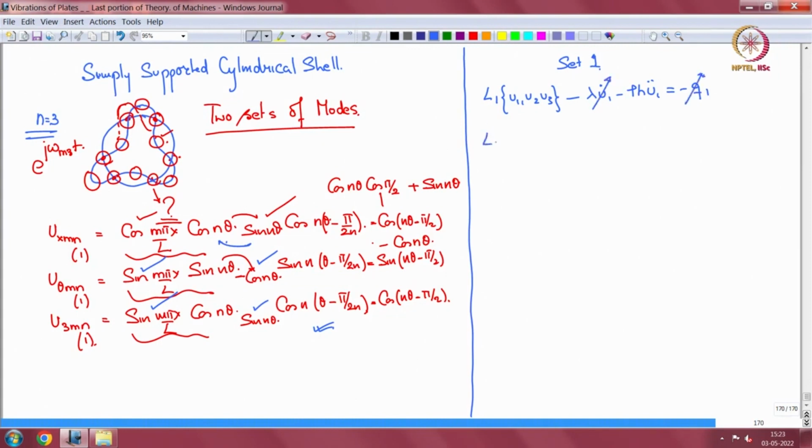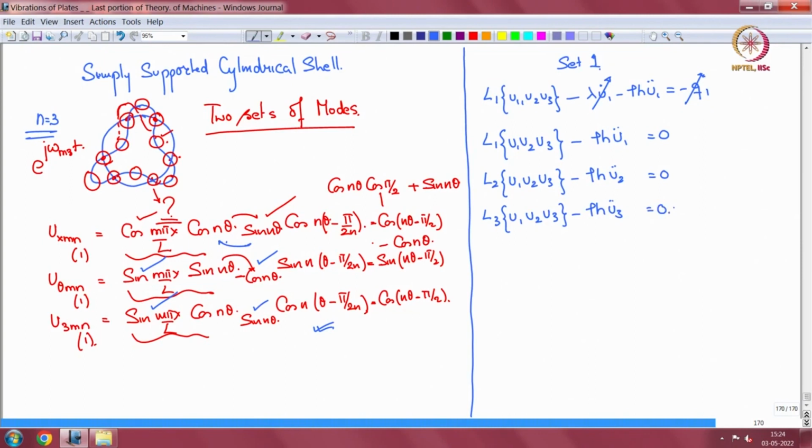So I have L1 of u1 u2 u3 minus rho h u1 double dot is 0, then L2 of u1 u2 u3 minus rho h u2 double dot is 0, then L3 of u1 u2 u3 minus rho h u3 double dot is 0.